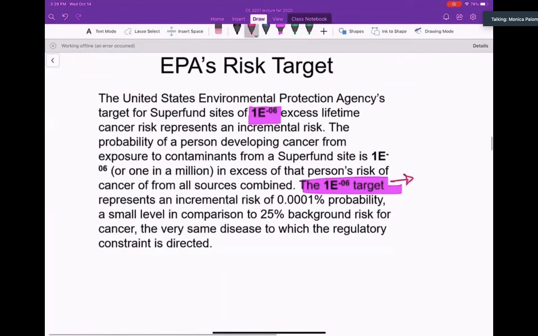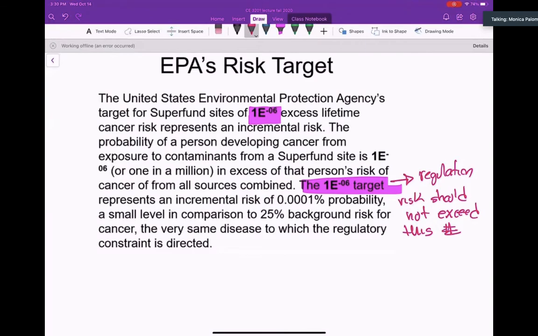This is the regulation. The actual risk should not exceed this number. As you can tell, we're going to be looking at very, very tiny values.